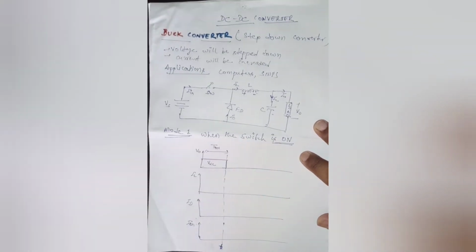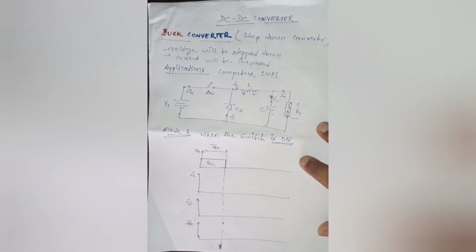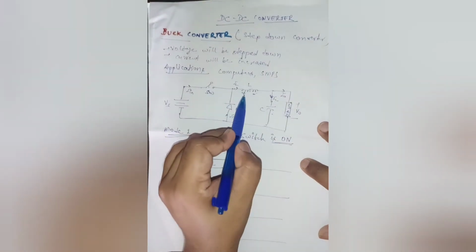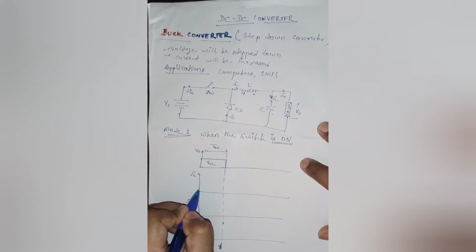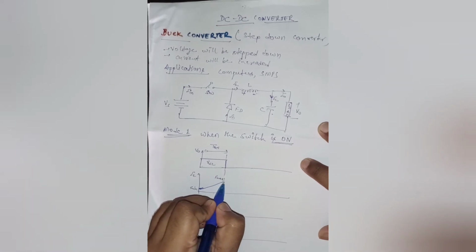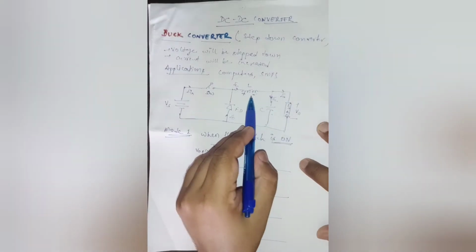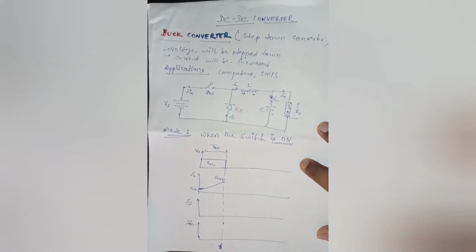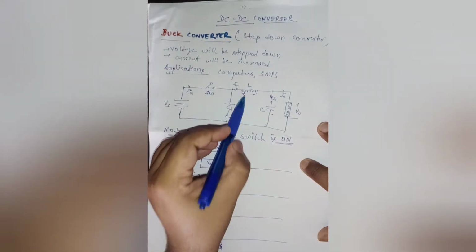This we can call VDC. Okay, fine. Now what will happen to the inductor? It will charge from minimum to maximum, I minimum to I maximum. This supply voltage will charge the inductor.